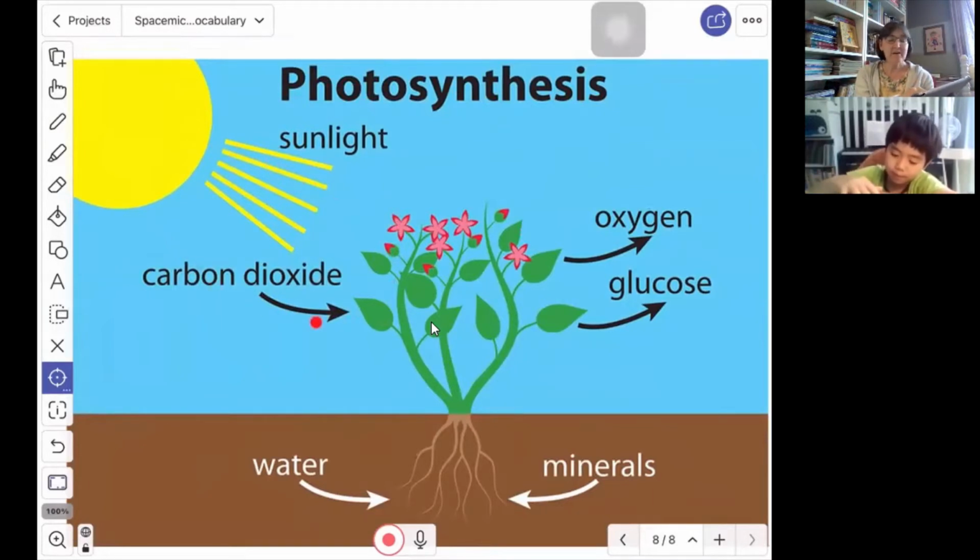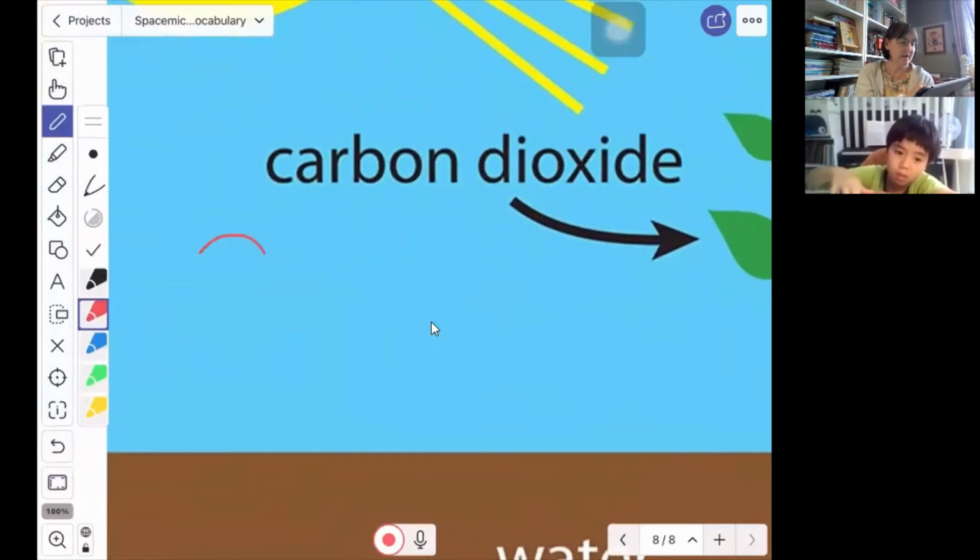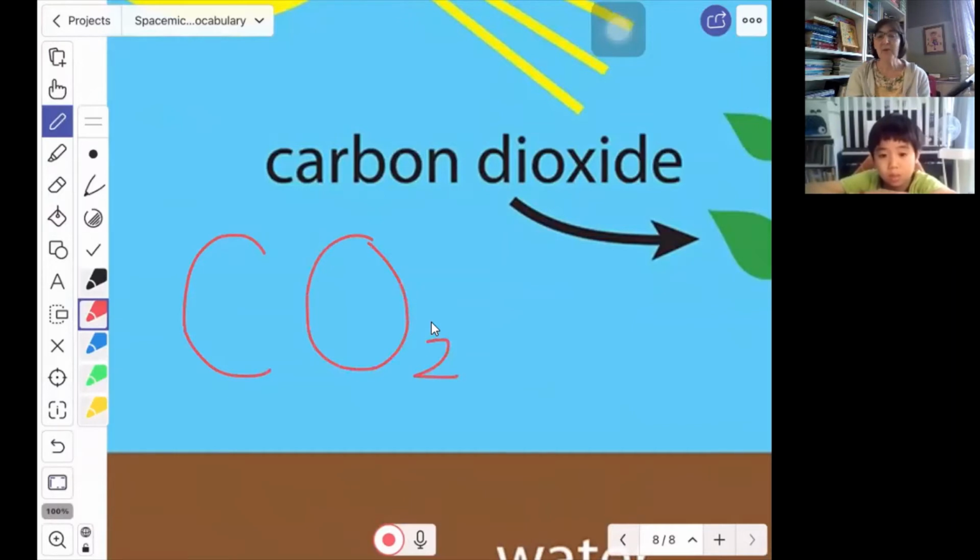It has to get out of the air a gas that's called carbon dioxide. Carbon dioxide looks like this. It's a capital C, capital O, and then a 2. And if we went back to the periodic table of elements, that means it needs 2 of these. That was number 8, right? It needs 2 of those, and it needs 1 of these.